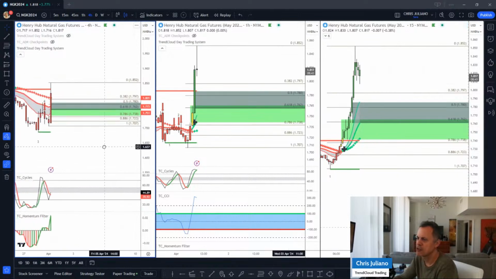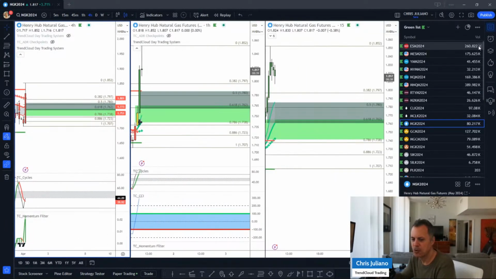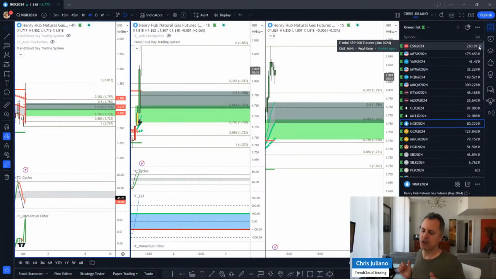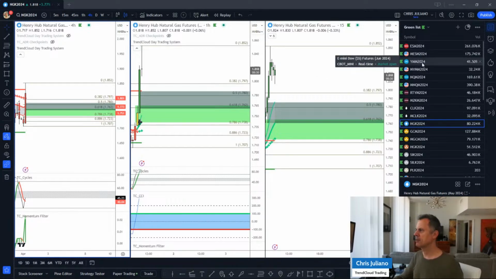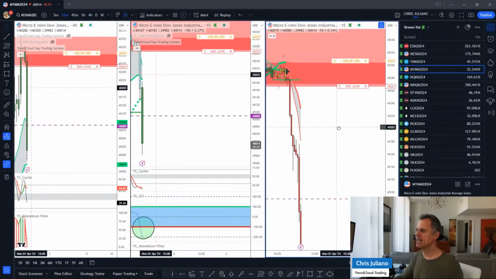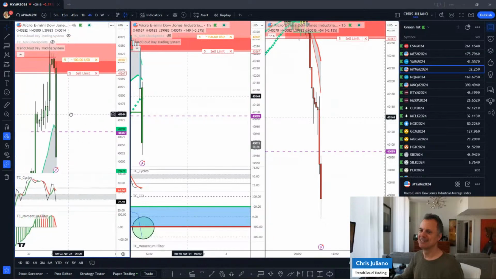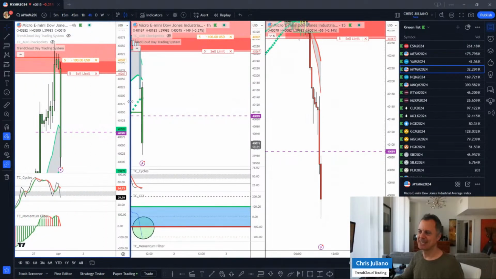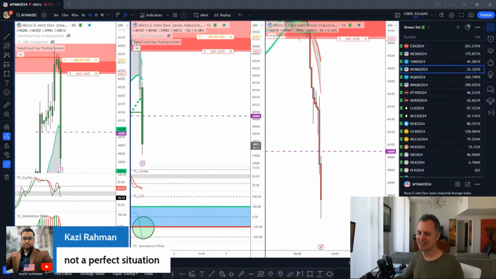How much information does your brain need at this moment in time to take that trade? That's the question, right? We've got that real nice trade set up on the micro Dow. Not the perfect situation.